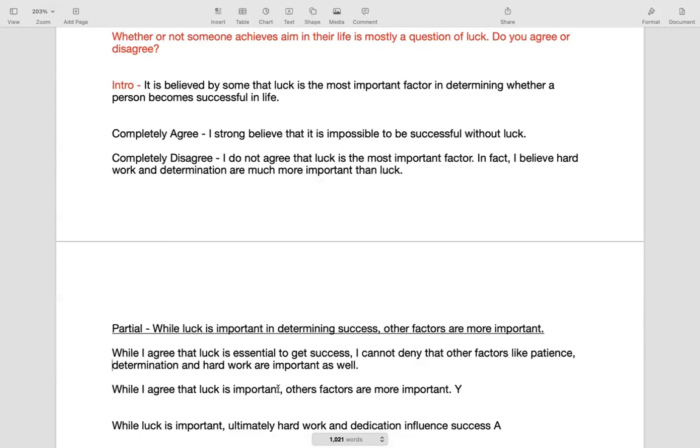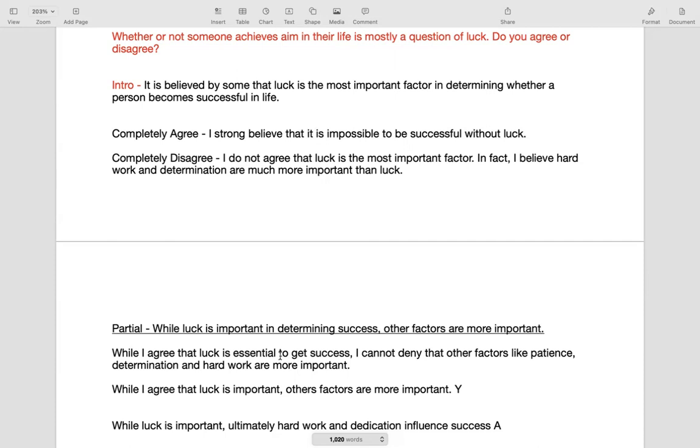But you did not write that, right? When I read this, you said luck is essential, other factors are important. So that means other factors are also important, luck is also important. We are not answering which factor is the most important. So I would want to say, I cannot deny that other factors like patience are more important. That clarifies now that luck is not the most important. Luck is essential. It is necessary for success, but it is not the most important factor. The most important factor is something else. Other factors are more important for success than this.